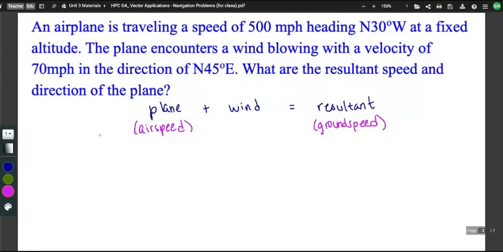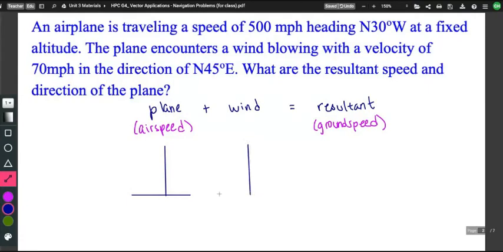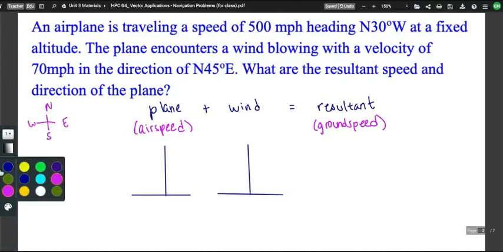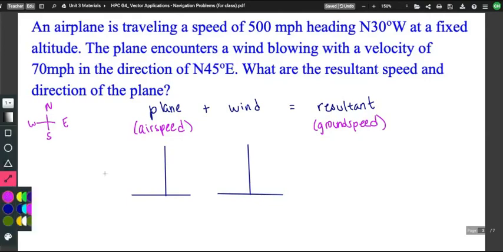I do think it's helpful to sketch a quick picture, a quick illustration, nothing fancy. If I'm going to do components, what that means is I might sketch a vector for each one of these pieces that I have information about, in separate pictures. So I'm not using tip to tail here. As I draw my first vector from standard position, this idea of initial point at the origin, I'm thinking about rotating from north.